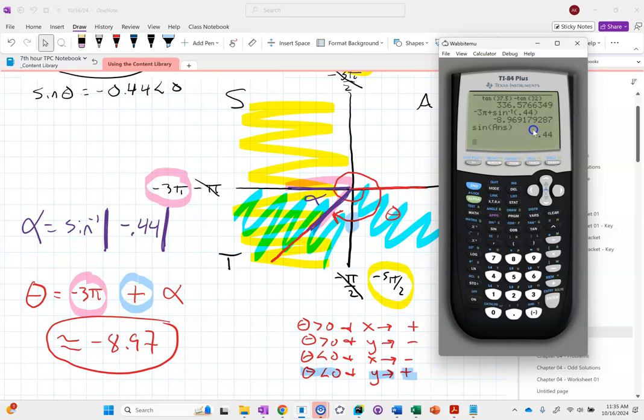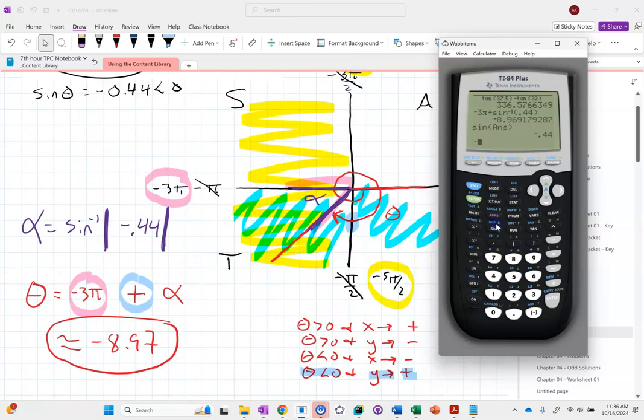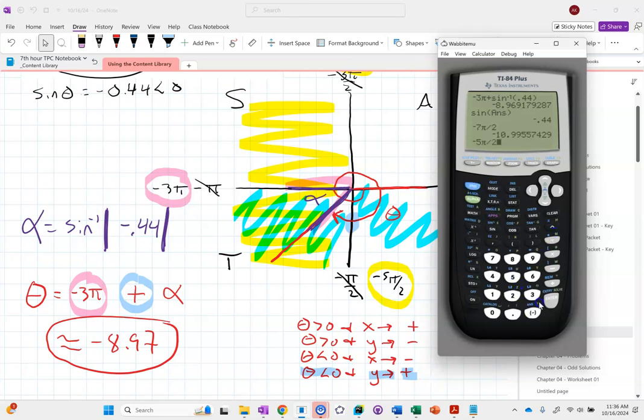That's step one. The second step in my check is to make sure that my answer is bigger than negative 7 pi over 2 and smaller than negative 5 pi over 2, or just that it's in between the two of them. So negative 7 pi over 2 is negative 10.99, and we're bigger than that. And negative 5 pi over 2 is negative 7.85, and we're smaller than that.